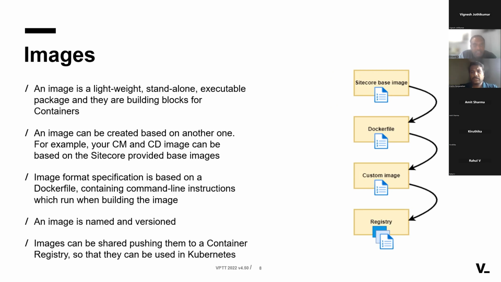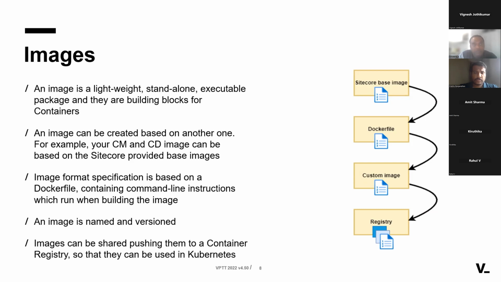Say, for example, when we build a Sitecore image for our solution, we are going to use the image provided by Sitecore. We are not going to create all the images from scratch, because Sitecore already has a set of images with all the required dependencies for Sitecore to run properly.